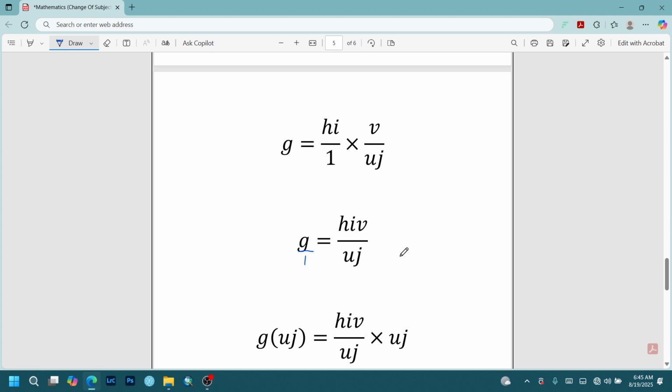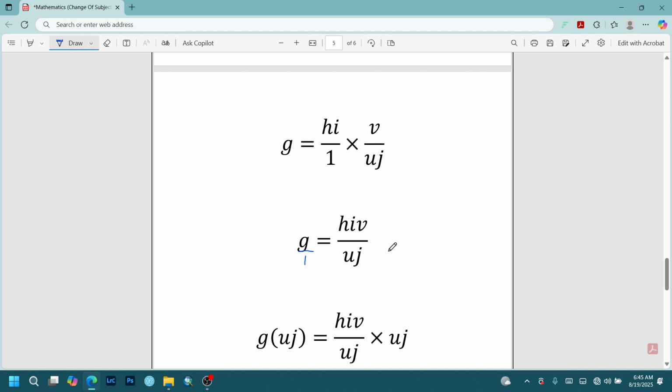So in tackling issues like this, when you reach a point like this, we have two ways of solving it. It's either you cross multiply or you multiply through each side by the LCM.